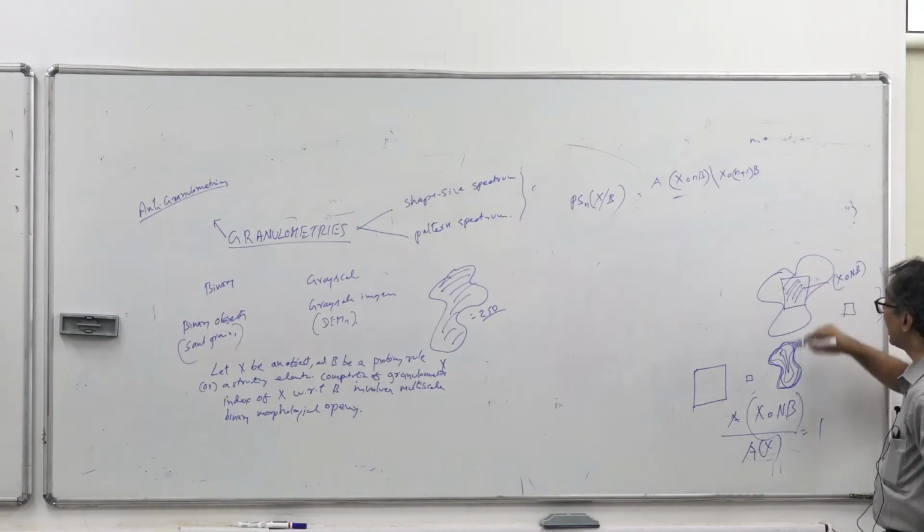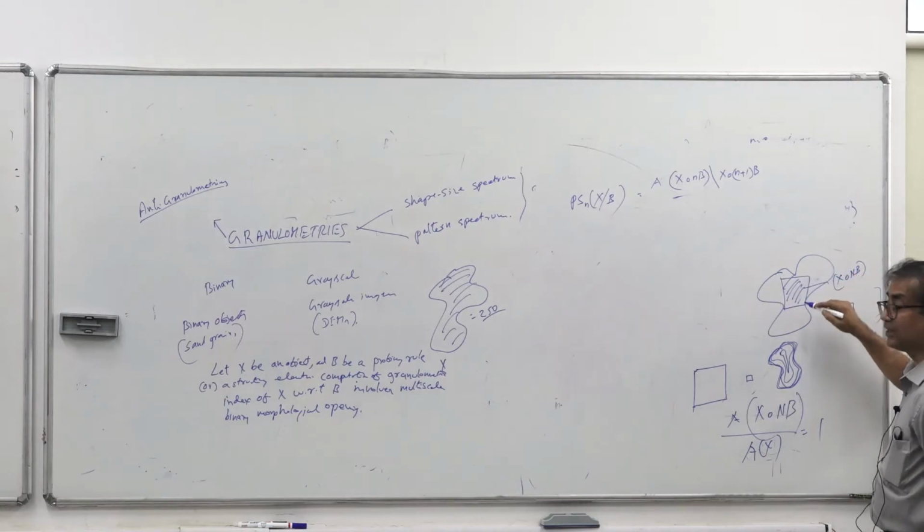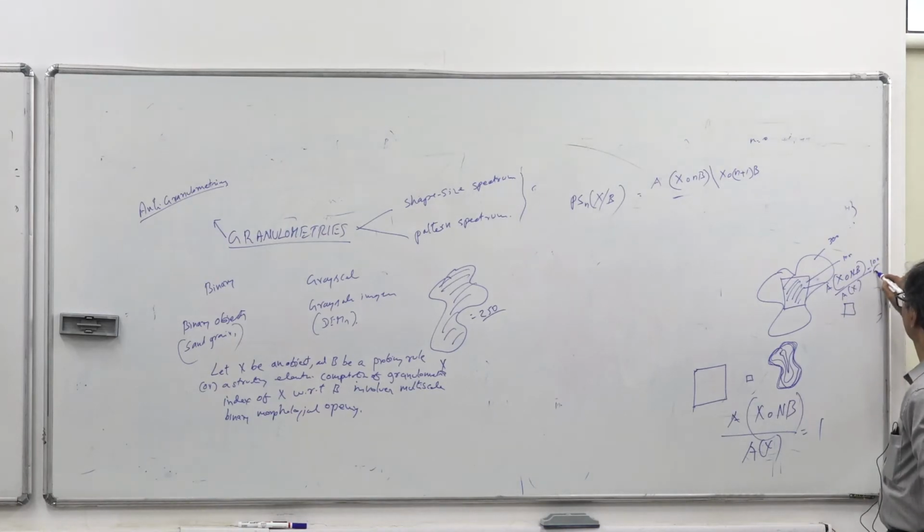It has a certain area, and that area is much smaller than the total area of this object. There is a huge difference. Let us say this has some 300 pixels and this has only 100 pixels. Take the area of this and the area of x, that is 100 by 300. And what is it showing? A value of some 0.3333.